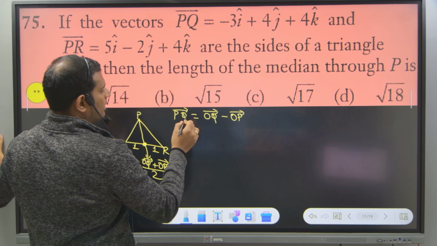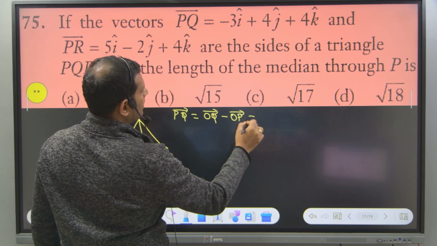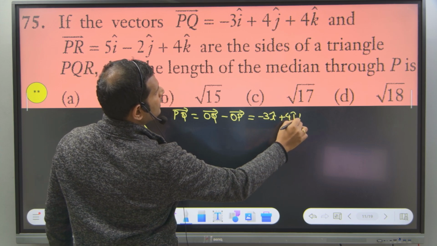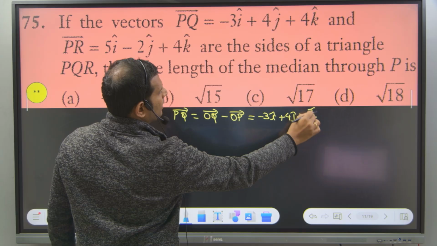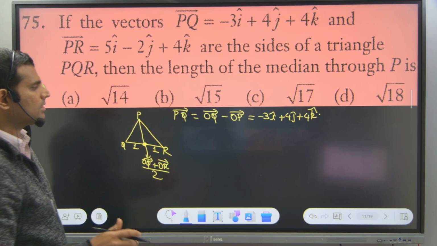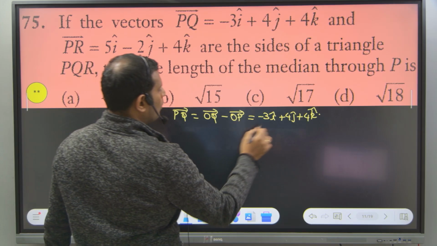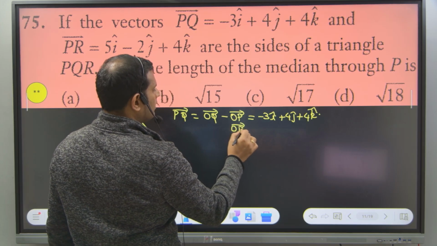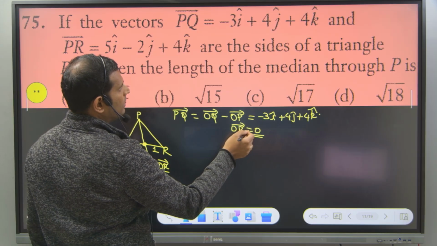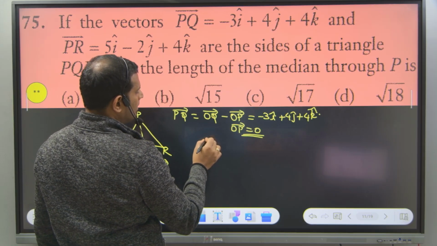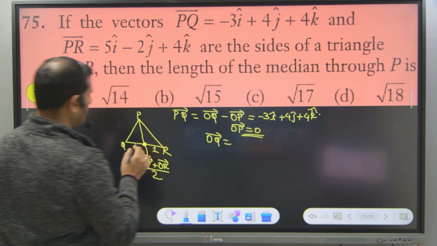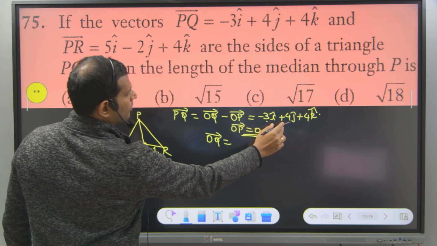And now they are saying OQ minus OP is minus 3 I cap plus 4 J cap plus 4 K cap. What you can do is assume OP is a 0 vector. If you assume this is 0 vector, what is OQ then? OQ will be minus 3, 4, 4.